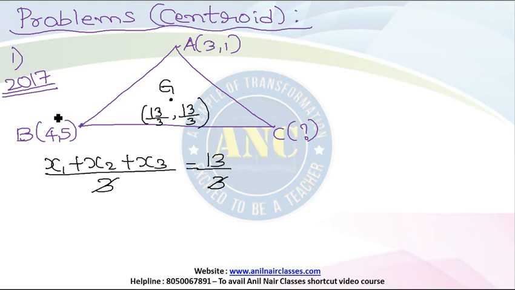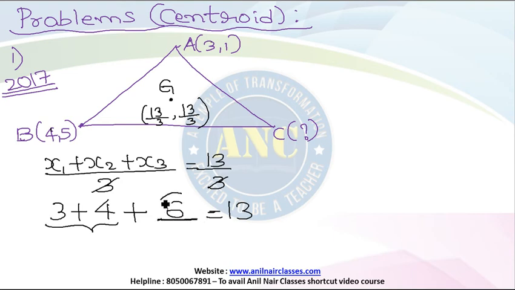But x1 is 3, x2 is 4, so 3 plus 4 plus something should give me 13. 3 plus 4 is 7, and 7 plus 6 is 13. That means the first coordinate of C is 6.